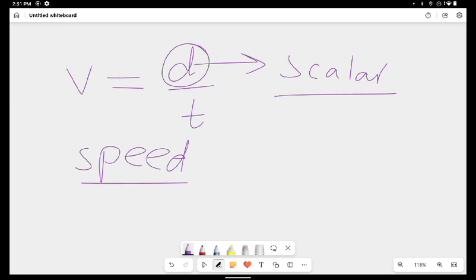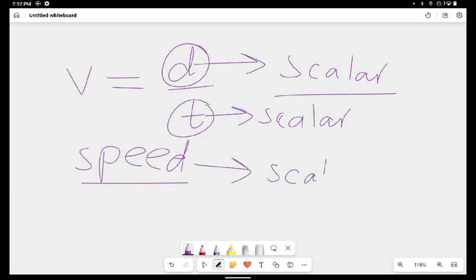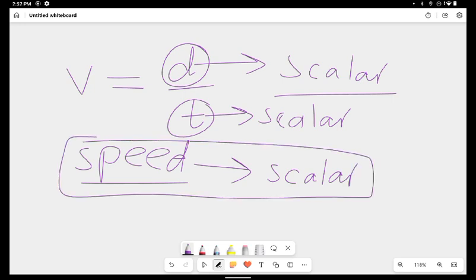Because distance is a scalar quantity, and time also is a scalar quantity, the quantity known as speed is also a scalar quantity. Okay, so first we made it clear whether this was scalar or vector, because distance is used in the speed formula. Speed is also a scalar quantity.